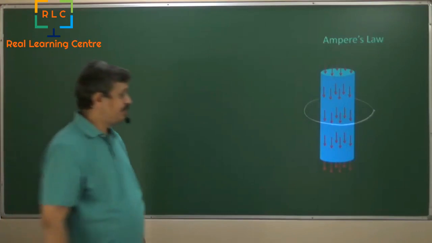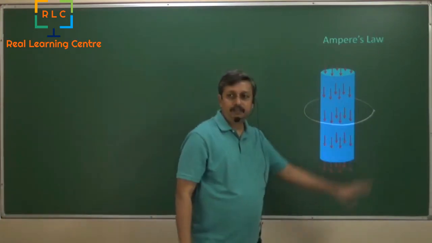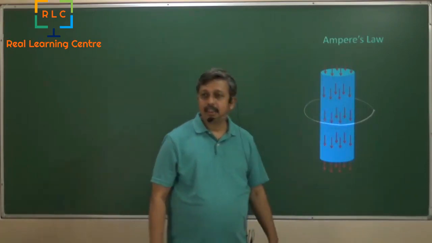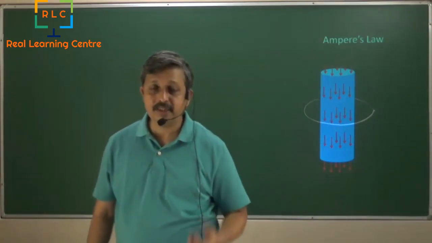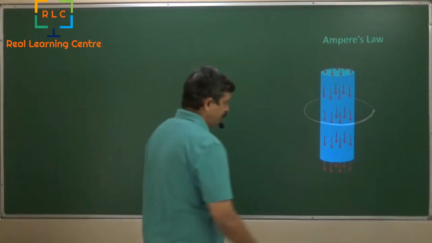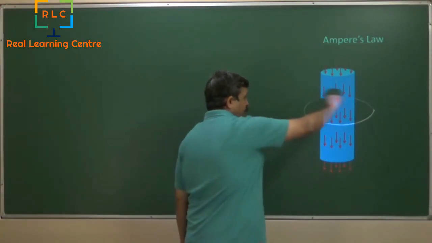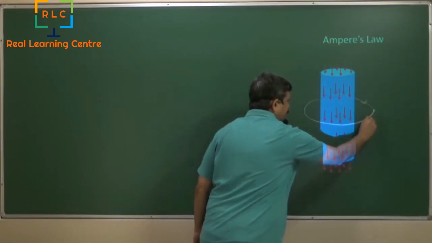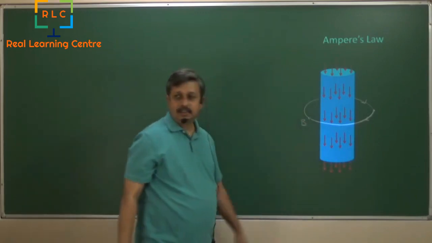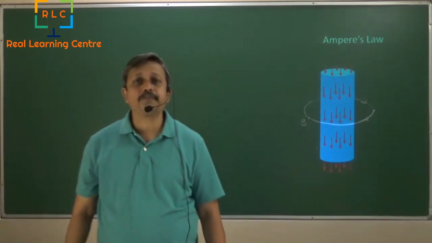which is equidistant everywhere, then we know that at all the points on that circle, B, the magnetic field that you produced, is the same. We also know that the magnetic field is in the tangential direction like this. This current is producing the B like that.